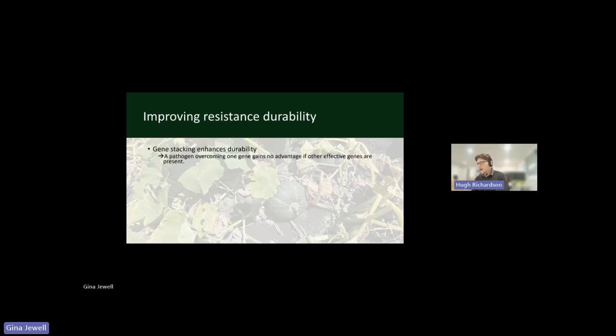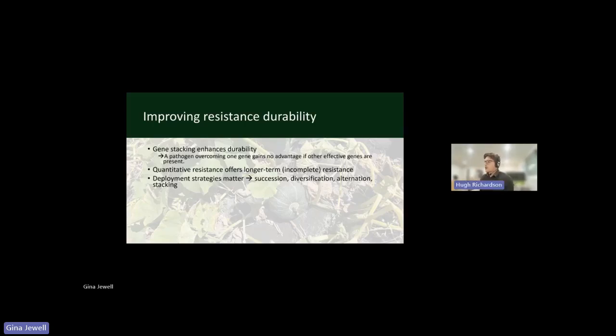So then this poses the question of how do you actually increase resistance durability when you've got, say, an R gene or a resistance gene in your breeding program. So there's gene stacking, where you're incorporating several genes into one product. But then also you've got quantitative resistance, which might not be so complete against a pathogen or a disease, but you do get more longevity out of that.